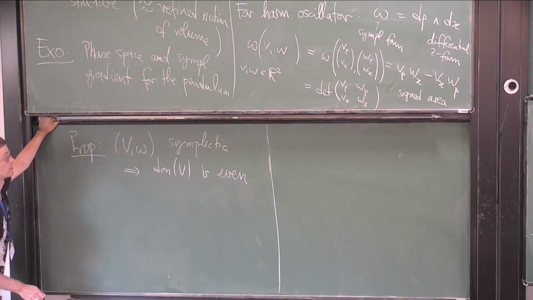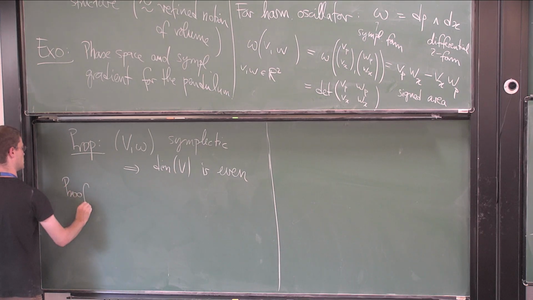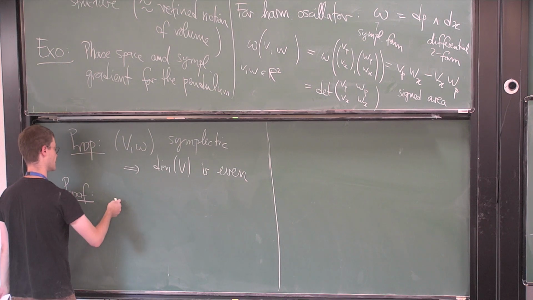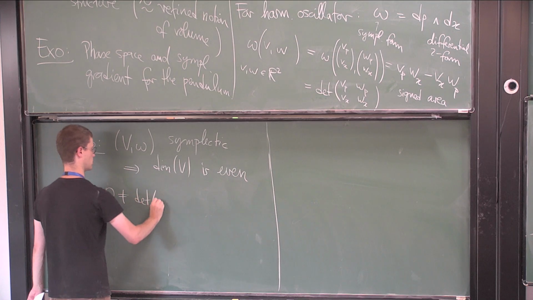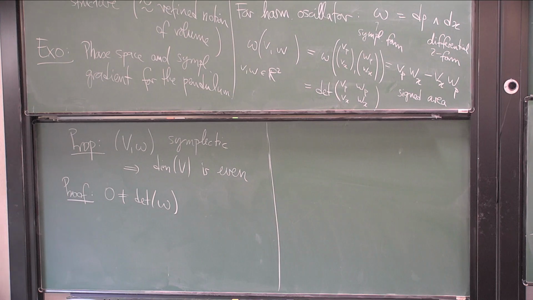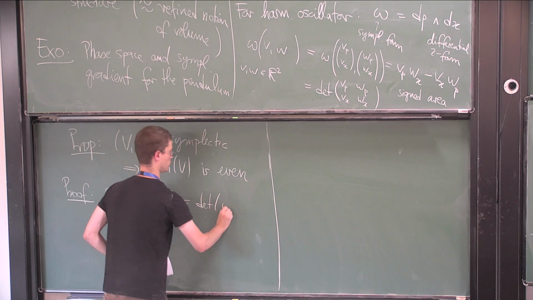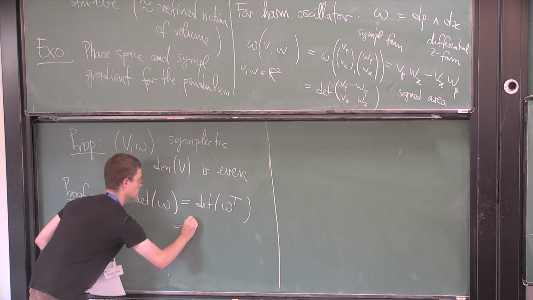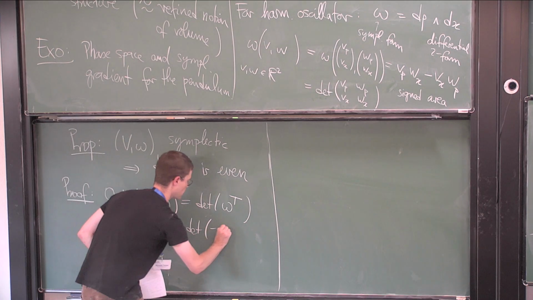But if you want to prove it, let's prove it. Let's say you take the matrix associated to omega, so we know that it has non-zero determinant. Now the determinant of a matrix does not change when you transpose it. So the determinant of omega transpose, but we know that omega transpose equals minus omega.